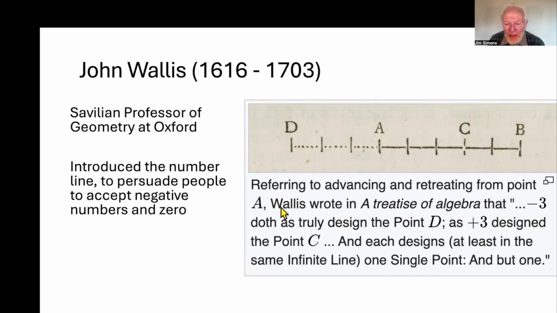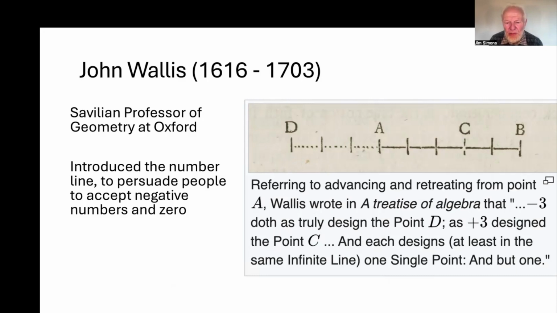And so he writes here that -3 doth as truly designate point D as +3 designated point C. But he's having to labour the point, right? Even in the middle of the 17th century, to get people to accept negative numbers and zero.